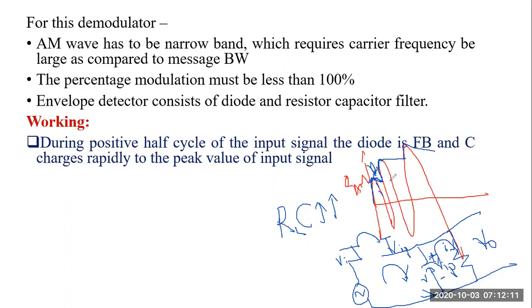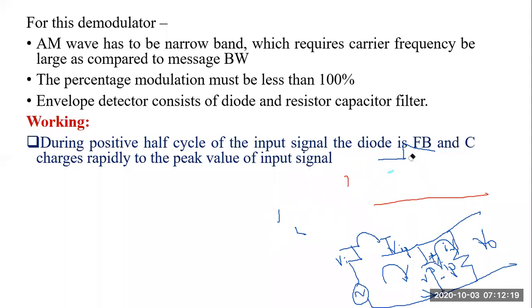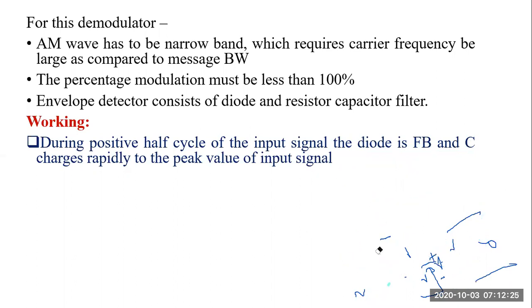So you will trace the envelope of the AM signal in this fashion. This is the working of an envelope detector, and I hope you understood. It's a very simple peak detector circuit and a very useful circuit in AM detection.